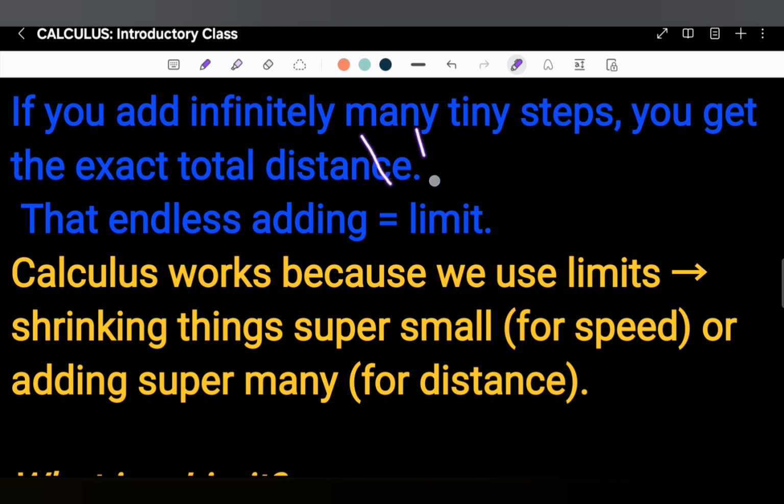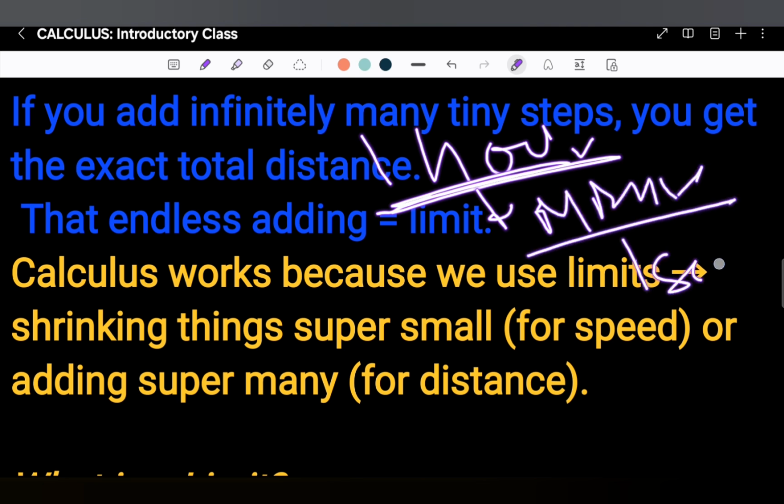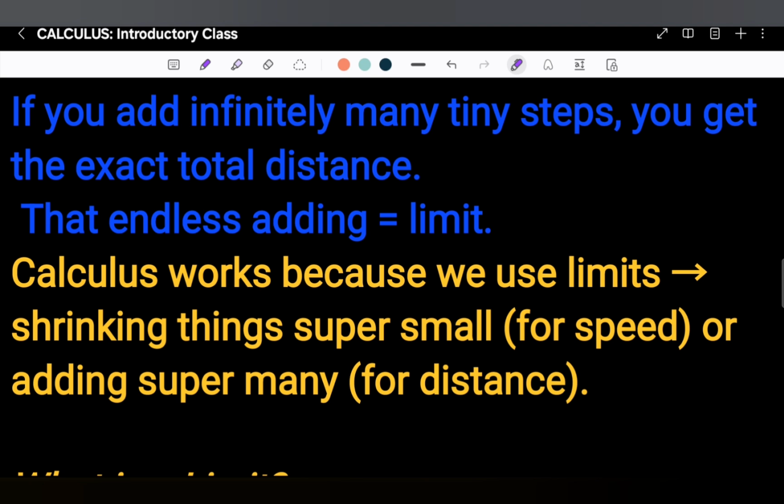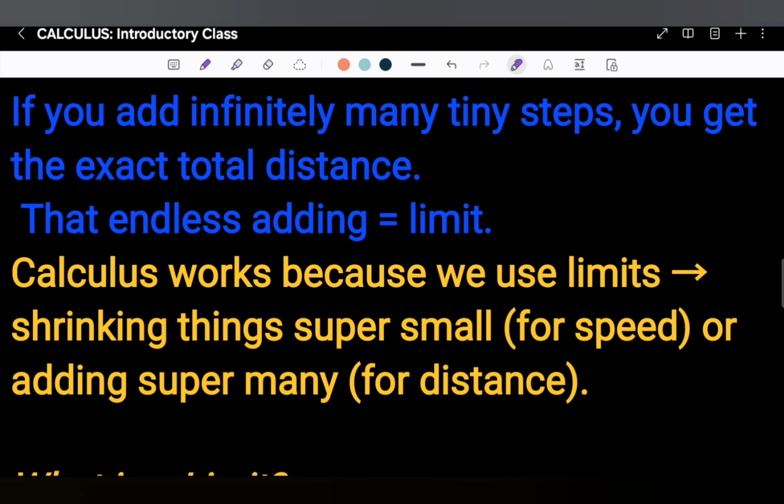First we consider 1 hour, then we take the smaller unit, that is a minute, and then the super small, that is a second. This shrinking things to super small is the concept of limit, and adding super many is also the concept of limit. But shrinking you have to do in differentiation, while adding super many you have to do in the case of integration.